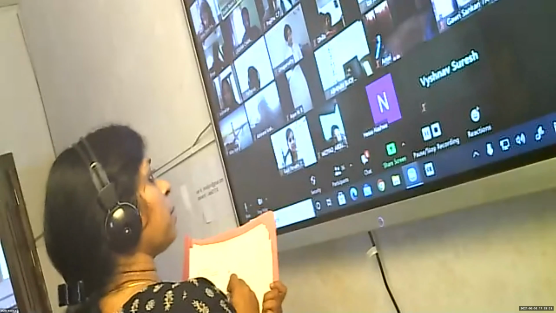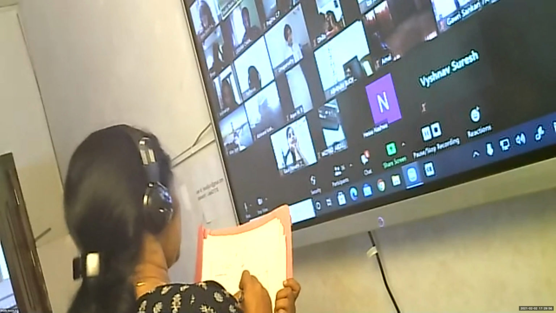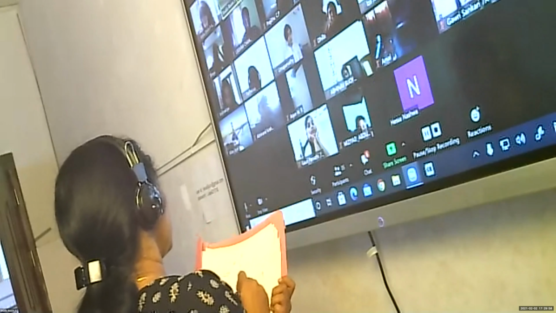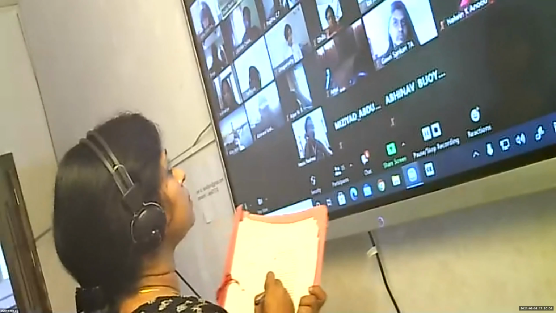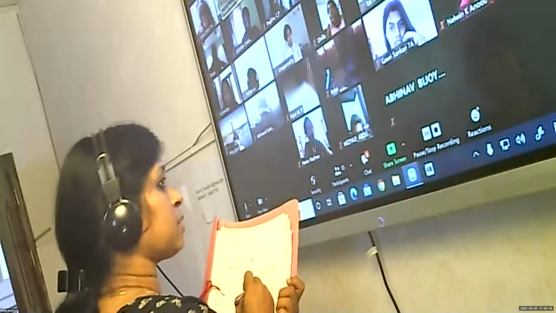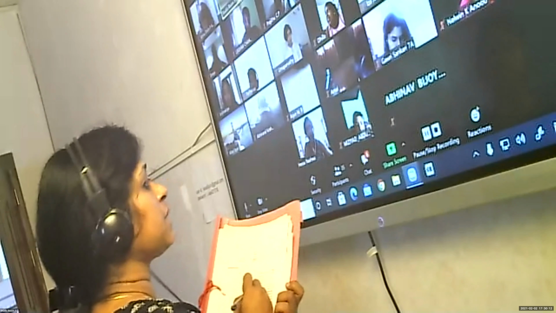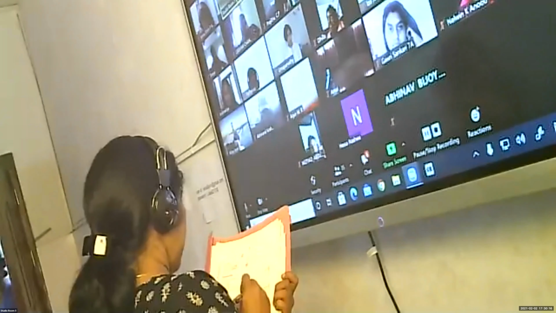Absent. Anthony Babu, absent. Anusha Latish is present, no? Yes. Arjun MR is present. Ayan is present. Benedict was asking to take attendance. Benedict is present. Carlin present.